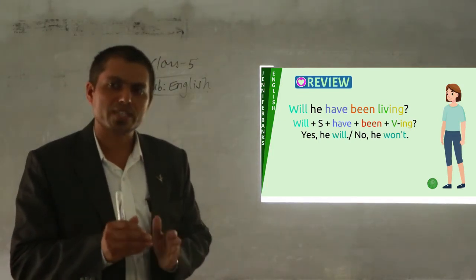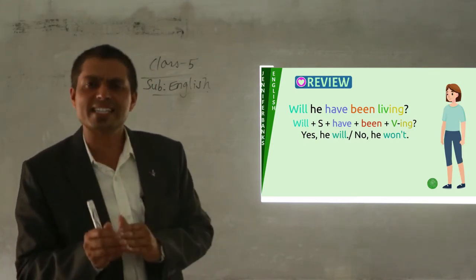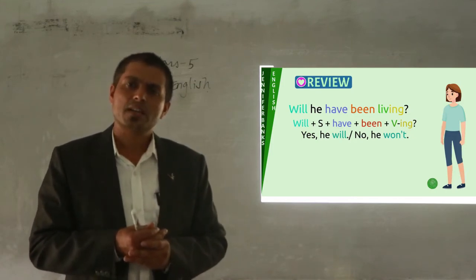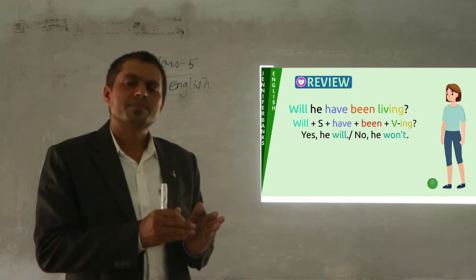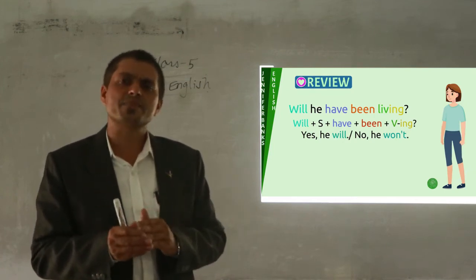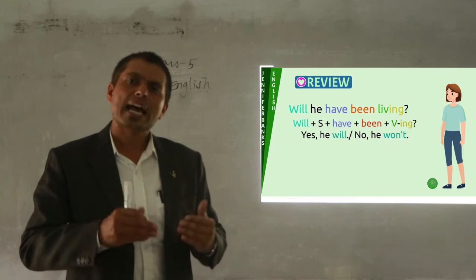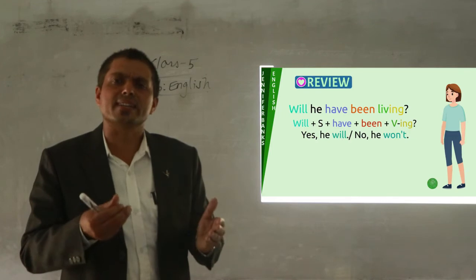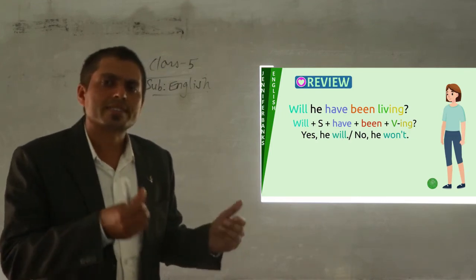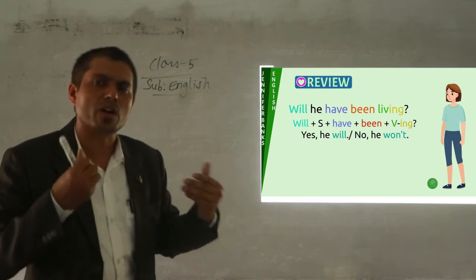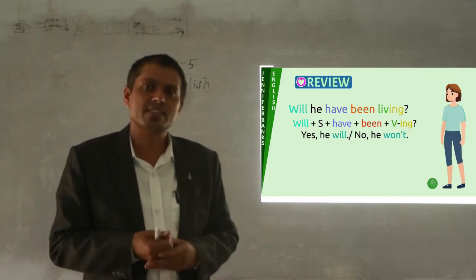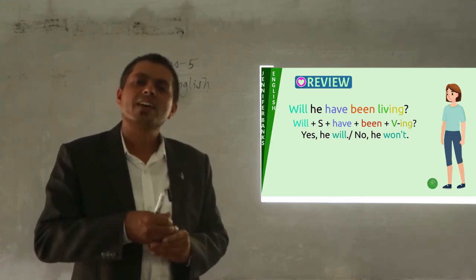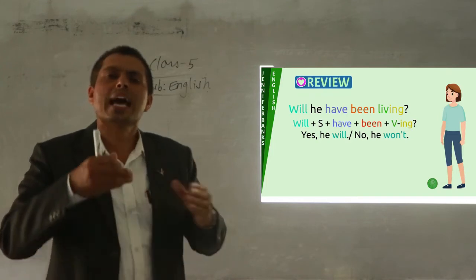So student, you have to keep in mind that when you talk about the future perfect continuous tense, the event starts obviously in future time and goes on and on, and up to the time mentioned in your sentence, the action will have been going on.